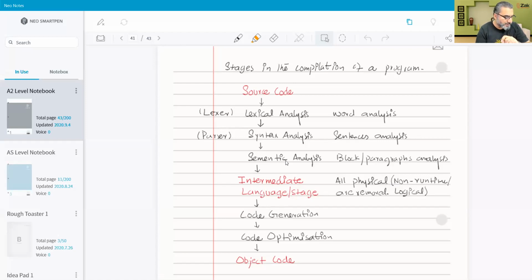This object program is either in machine code, which is binary, that can be executed by the CPU, or in an intermediate form that is converted to machine code when the program is loaded. So this intermediate language form is actually the object code. All right.